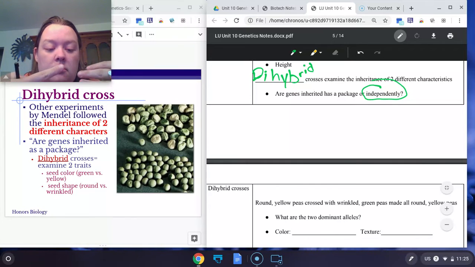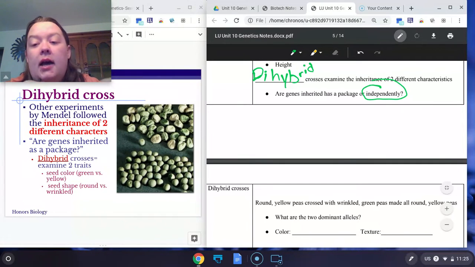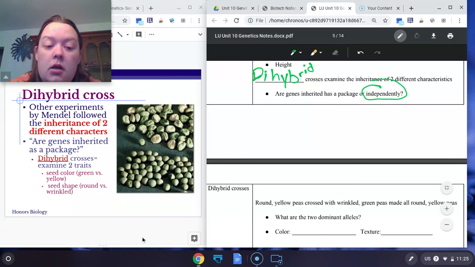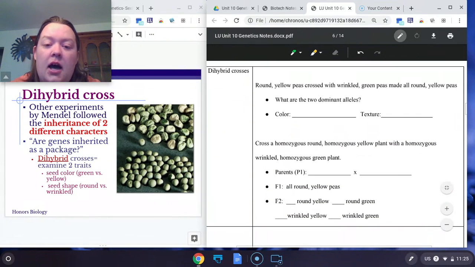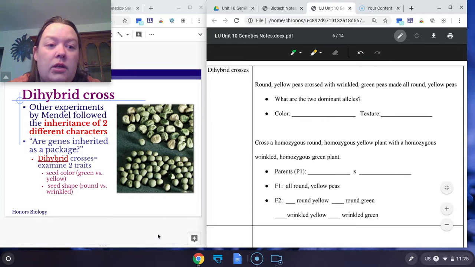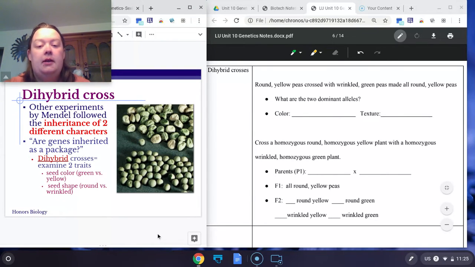They're not meshed together. Each one has its own separate probability. Therefore, a dihybrid cross has to take that into consideration. So in a dihybrid cross, which is what we're going to start with today, we're looking at what's the chance of inheriting two traits together at the same time, knowing that we get each trait independently.